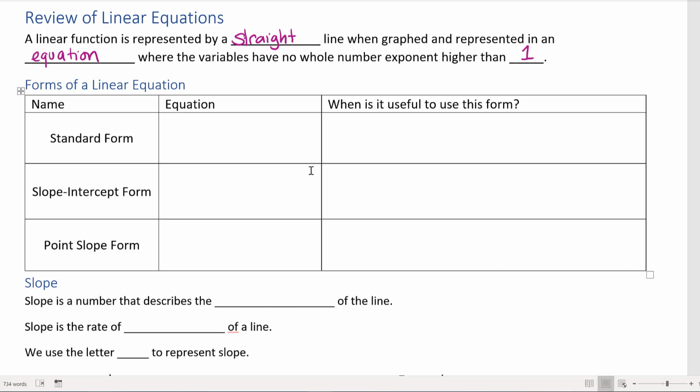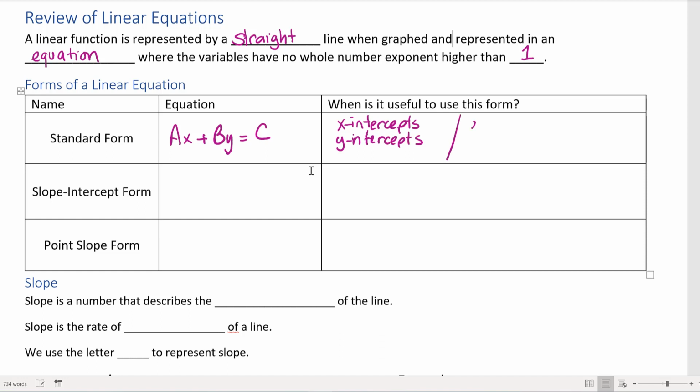For the standard form, we have ax plus by equals c. And when is that useful? Well, this is useful if you're trying to find x-intercepts and y-intercepts. Those are pretty easy things to find in this form.